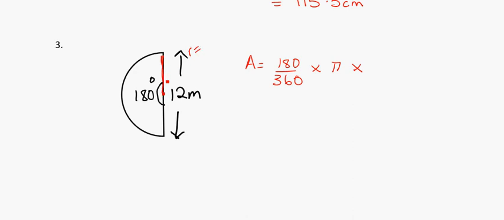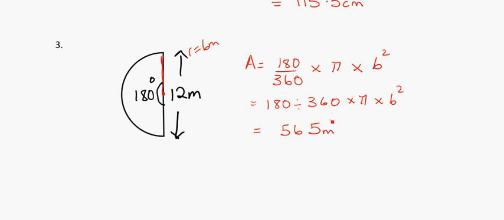We only want the radius, and that is 6 meters. So that's what goes in the calculator. So into the calculator, 180 divided by 360 times pi times 6 squared, and the answer is 56.5 meters squared.